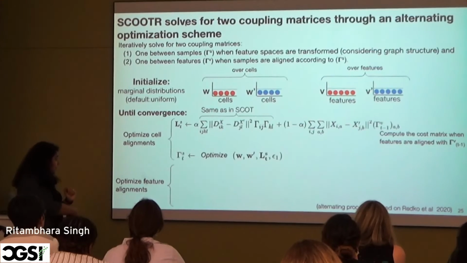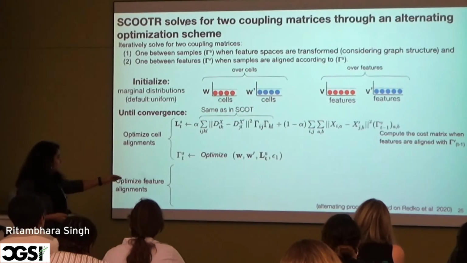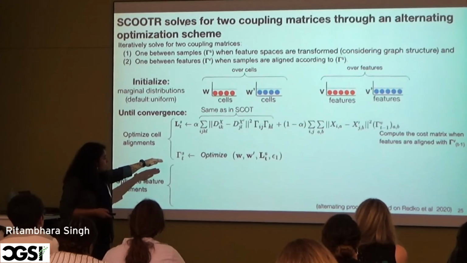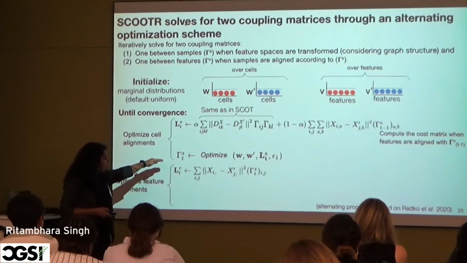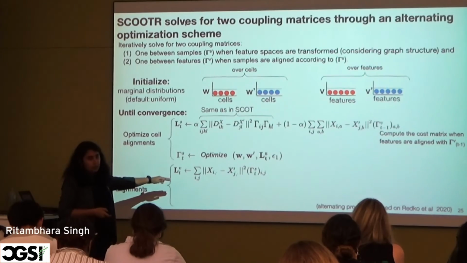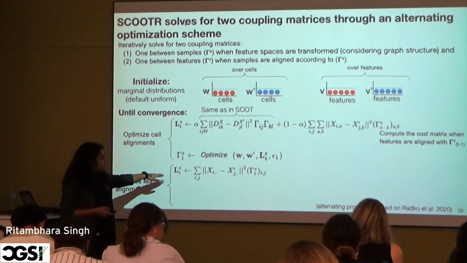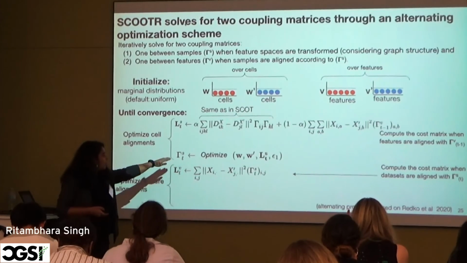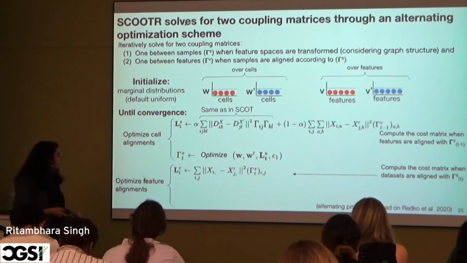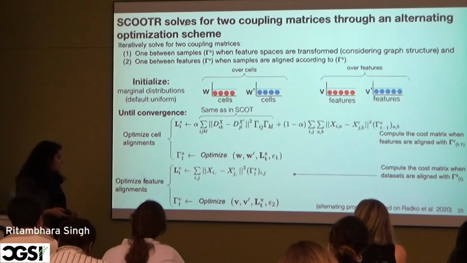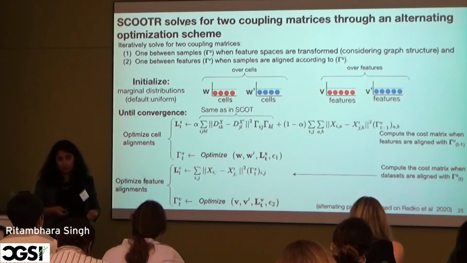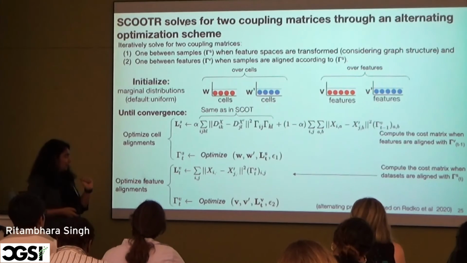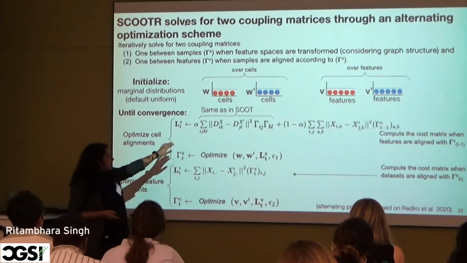Once we have this cost matrix, we optimize for the sample couplings. Once we have optimized the sample couplings, we fix them and use them for learning the feature coupling. Now our cost matrix is defined over the features such that we learn it by aligning the data sets using the coupling matrix that we learned for the samples, and then we use this cost matrix to optimize our couplings over the features. There are two advantages of this formulation.